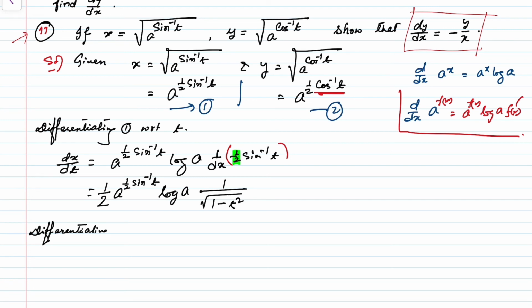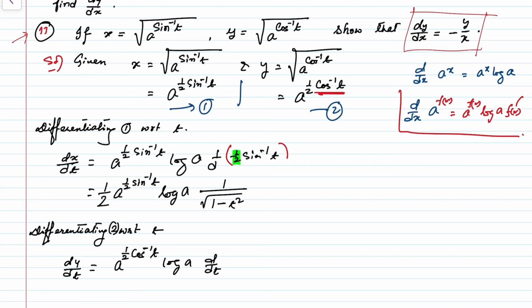Differentiating equation number 2 with respect to t, here we will get dy by dt is going to be equal to a to the power half cos inverse t log of a, then derivative of, sorry, I have made a mistake here.